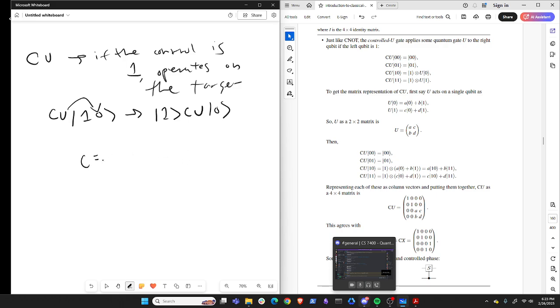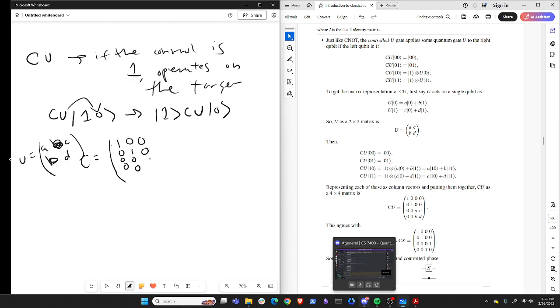The matrix form of CU. So let's say U is a 2 by 2 matrix of A, B, C, and D. Then the first two columns will be normal because the control will be 0, and thus nothing will happen.